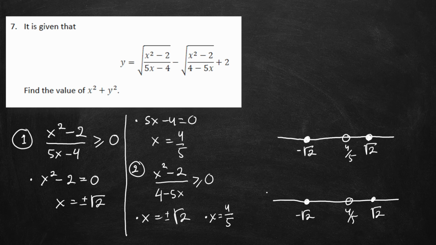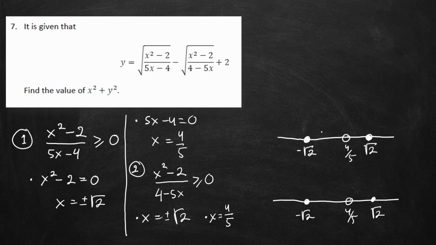The difference is that now we will check the first line here. You can see that 0 will be around this area. So I will choose x equals to 0 and substitute it into this first inequality. If x equals to 0, this one will be minus 2 and this one will be minus 4, and minus 2 divided by minus 4 is positive.